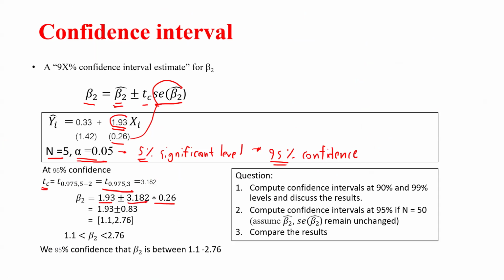And then we multiply 3.182 with 0.26, we got 0.83. So we got 1.93 plus and minus 0.83, which means you have to use 1.93 plus 0.83 and minus.